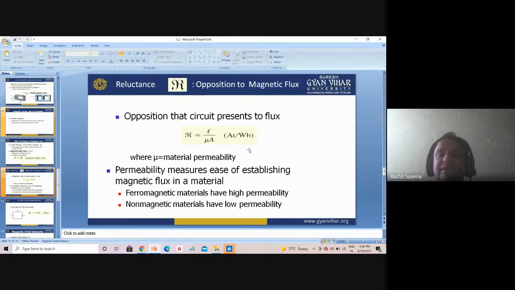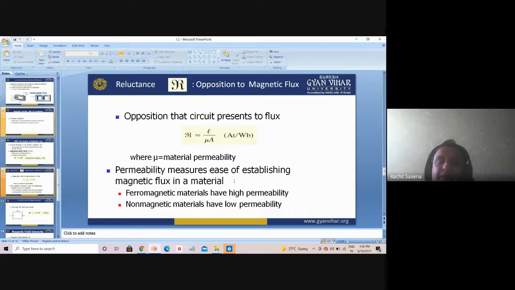Permeability: in the electrical field we have conductivity, which is how capable a conductor is of conducting or passing electrical current, that is, charges. Similar to that, the material permeability is a measure of the ease of establishing magnetic flux in a material.